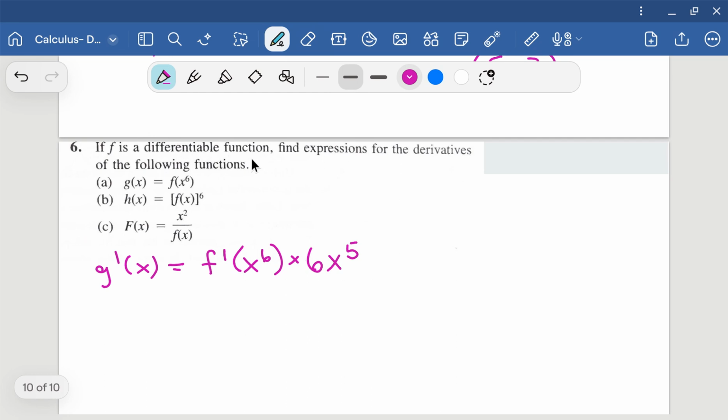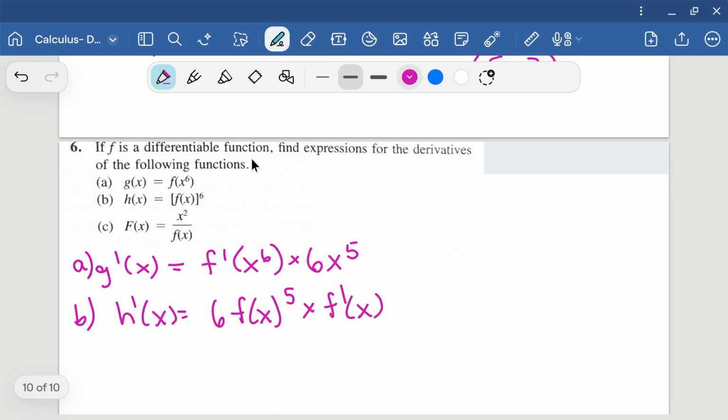So that would be my first answer. Looking at the second one, which is b, it is very similar, except this time I would need to take the derivative of the first part. So h prime of x would equal 6 times f of x to the power of 5, and then we would multiply it by the derivative of the inside.